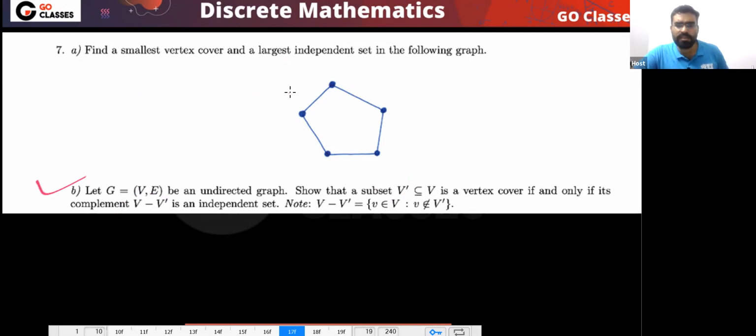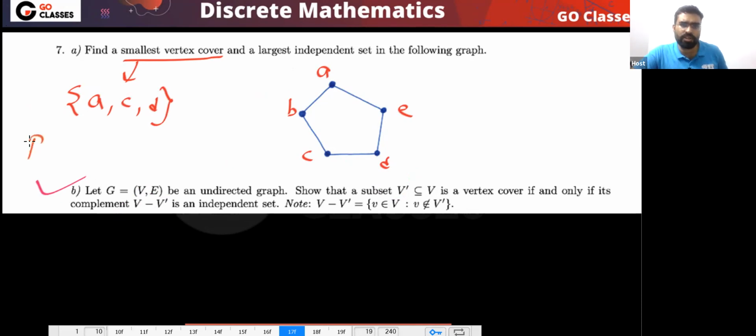Okay, tell me for this graph A, B, C, D, E, what will be the smallest vertex cover? The smallest vertex cover will have total 3. So I can say what is beta of this graph? That is 3.